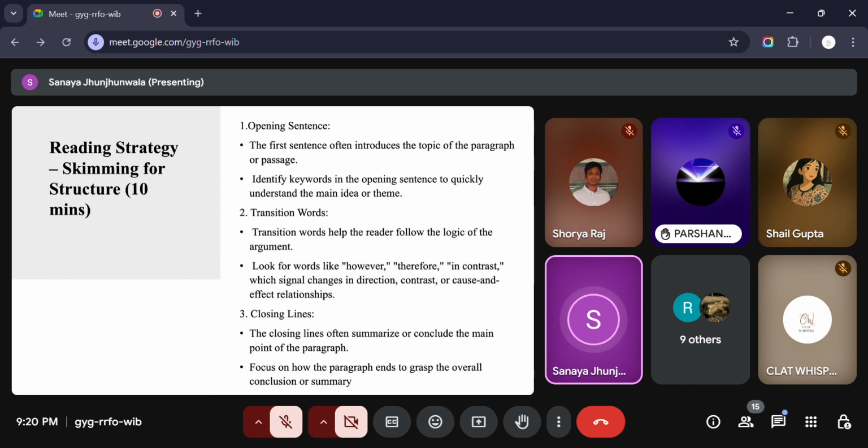It is only mentioning a very short point. But it's good to keep in mind that you should be looking out for the concluding statement, the opening statement, as well as any kind of transition words. So, whenever you're reading however, therefore, and in contrast, remember these meanings, because that is how you can differentiate between the arguments that the authors are making.